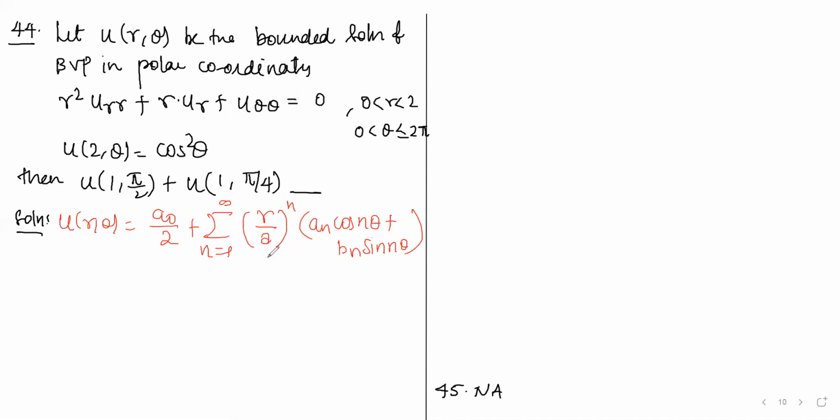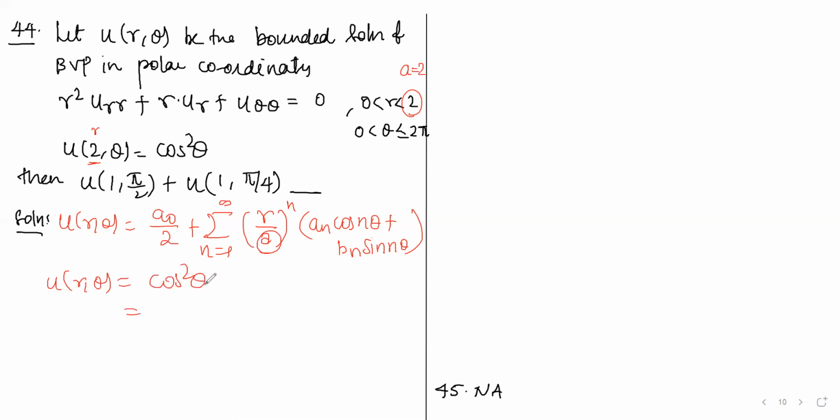So if you're wondering what this a is, let me tell you: a is 2. You are given here u of 2 comma theta to be cos square theta. Radius is 2, so that is fine. So this thing is nothing but my r. So I know that u of r comma theta is given to be cos square theta. From here I just need to find these coefficients.